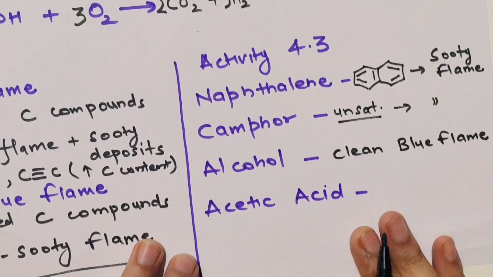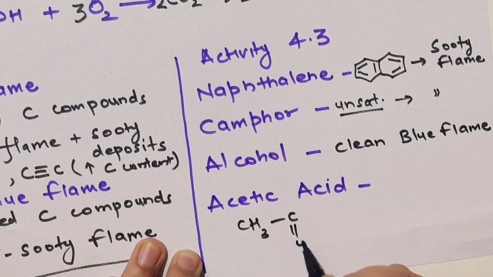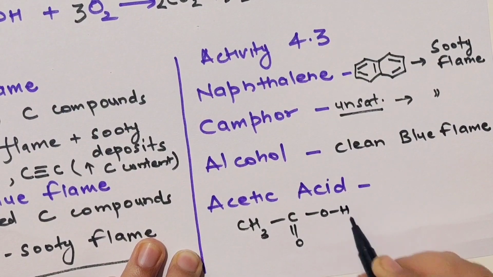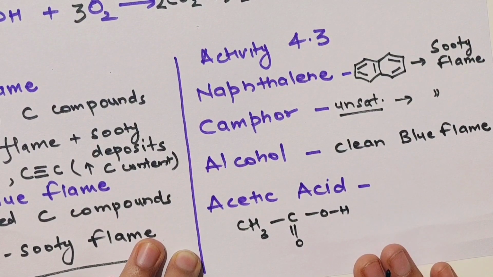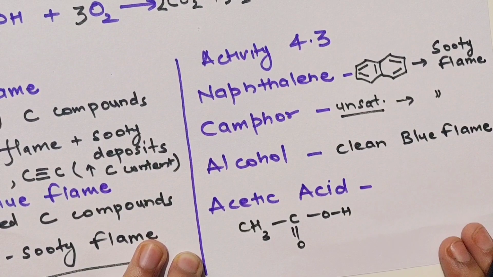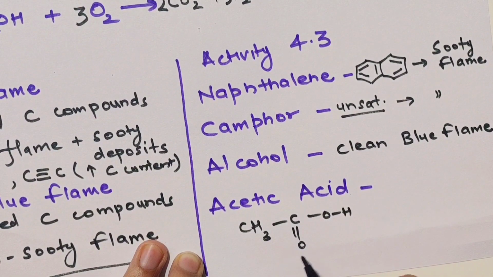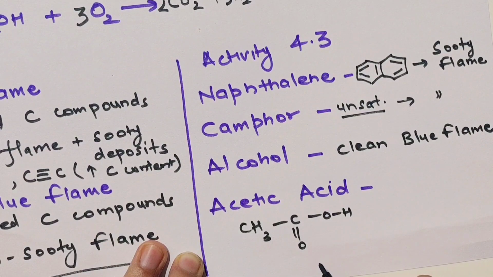Now, acetic acid, CH3, C double bond O, OH. The thing where students get confused is they think that any double bond means unsaturation, but that's not true. Carbon double bond oxygen does not mean unsaturation.